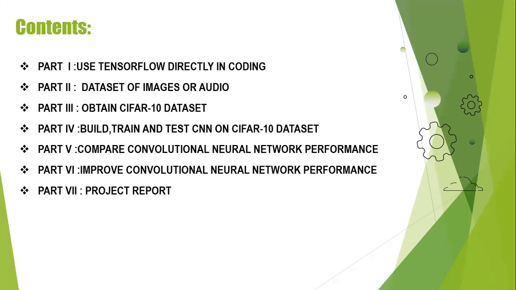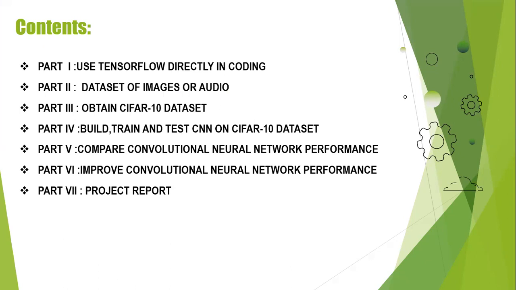Here are the contents of my presentation. The first, we are going to talk about the use of TensorFlow directly in coding, and part two is data sets of image or audio, and the third part is how to obtain a CIFAR 10 data set for the project.